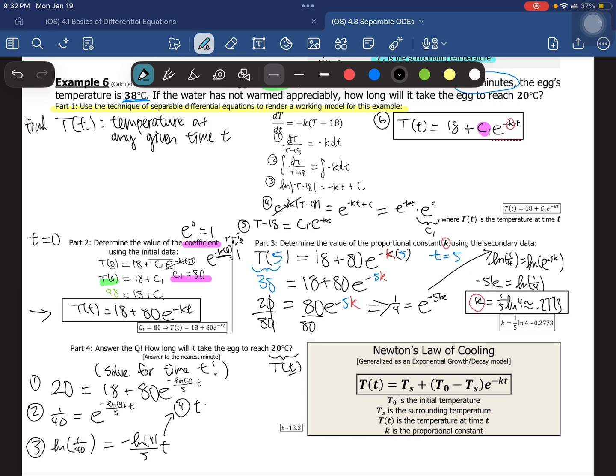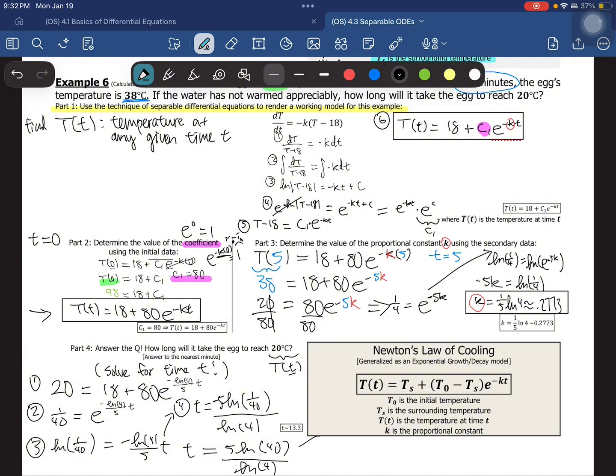So t equals ln of 1 over 40 times negative 5, because when you're dividing, you're multiplying by the reciprocal, over ln of 4. And that equals 5 ln of 40 over ln of 4.